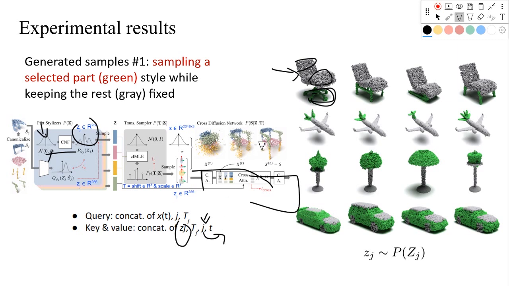For example, 0 is for back, and then the seat is 1, and the leg is 2. You can just give the corresponding label to this J when we compute this cross-attention to generate this final shape here. And this is the first way we can sample one part or several parts to generate the shape.